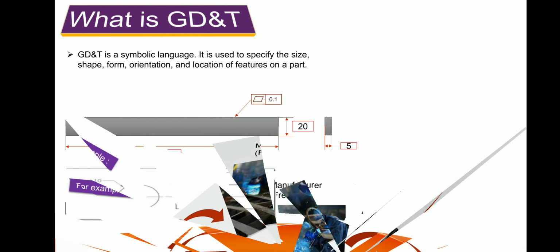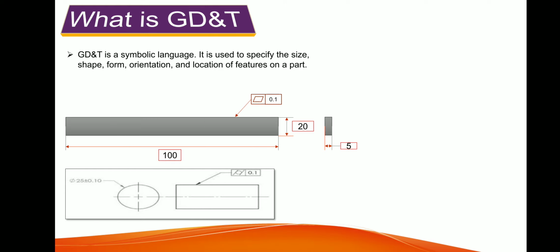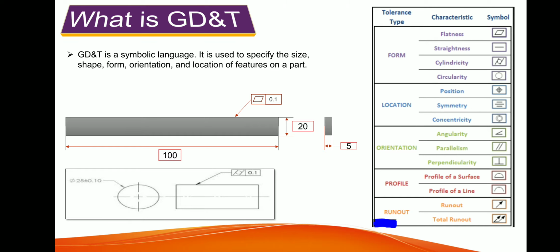Our next point is, what is GD&T? GD&T is a symbolic language and it is used to specify the size, shape, form, orientation and location of features on a part. So, by using these 14 symbols of flatness, cylindricity, straightness, circularity, position, symmetry, concentricity, angularity, parallelism, perpendicularity, profile of surface, profile of line, runout, and total runout, we can control form, location, orientation, profile, and runout of features on a part.